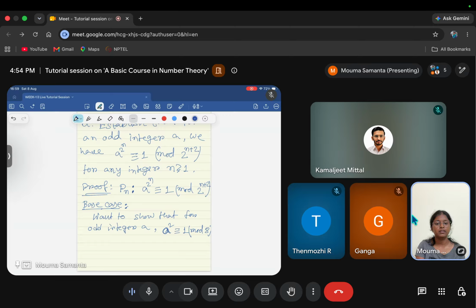Tell me first, or otherwise tell me which residue class we should consider so that we can get a form of a giving a^2 residue 1 when divided by 8. Which form of a should you consider here, given that a is odd?